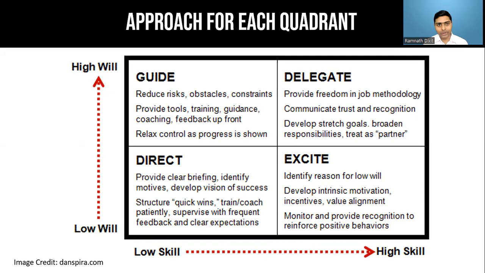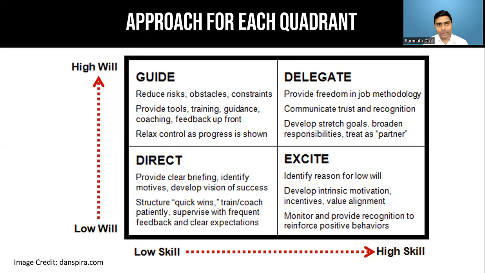So direct, as we all see, is a column where you have less skill, that is low skill, as well as low will. So what you do in this case, you need to provide as much direct instruction to people. You need to identify what motivates them. You need to identify what are their skill requirements, and accordingly, you need to direct them. This is also an important opportunity for you to look for quick wins, because that will help people get motivated and they will want to perform more.